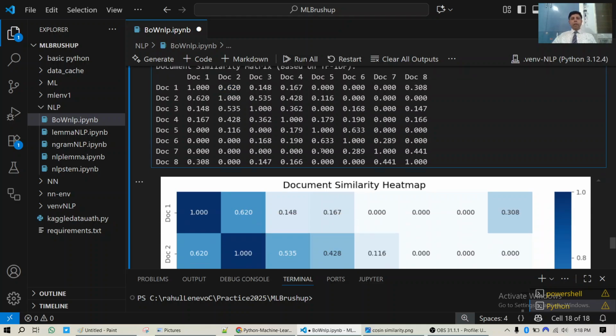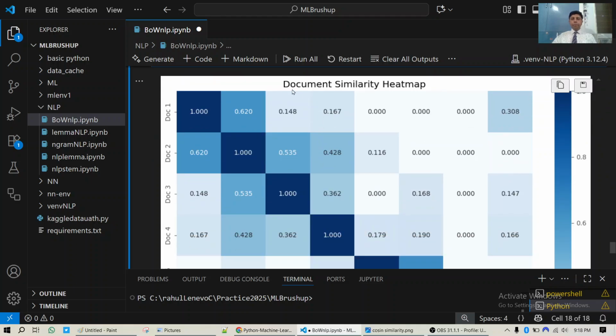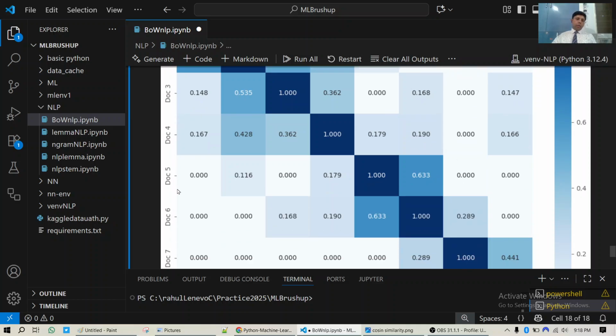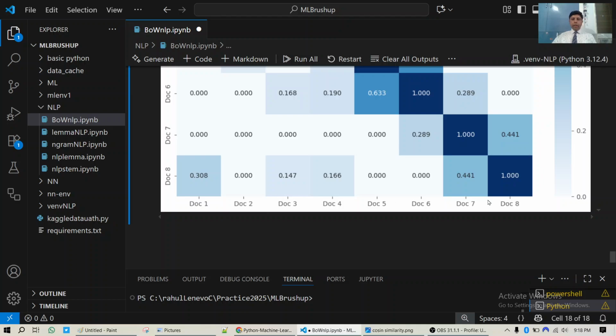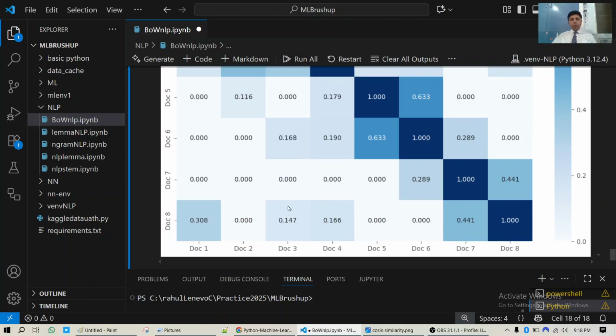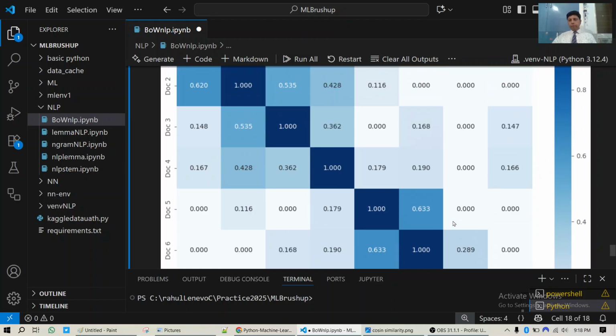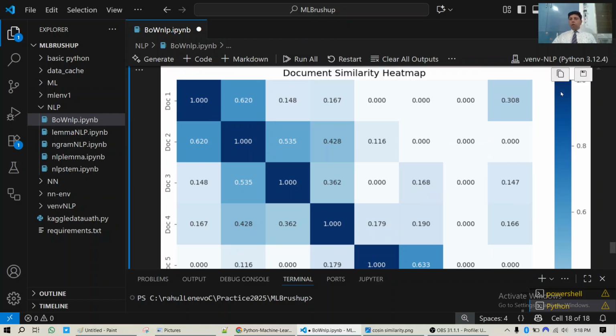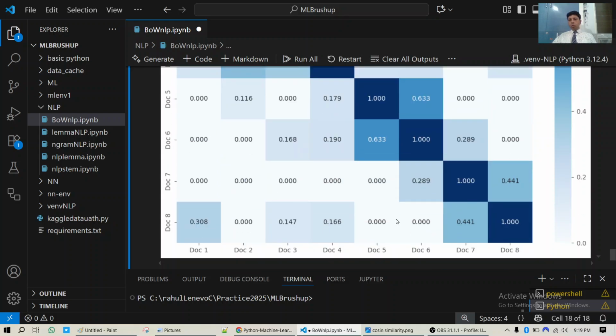To visualize and understand, this graph will help you. This is the document similarity heat map. Here you will see 8 documents, and on the x-axis also 8 documents. The dark blue boxes are the most similar, and those in the white boxes are not similar at all.